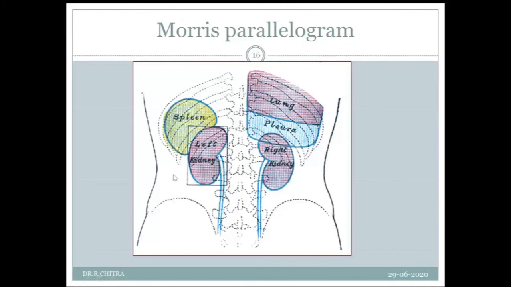Then draw a parallelogram. In that, mark the hilum 5 centimeters opposite the L1 vertebra. Mark the hilum and draw the kidneys. The right kidney will be slightly lower than the left kidney because of the liver on the right side. That's the way to surface mark the kidneys from the back.